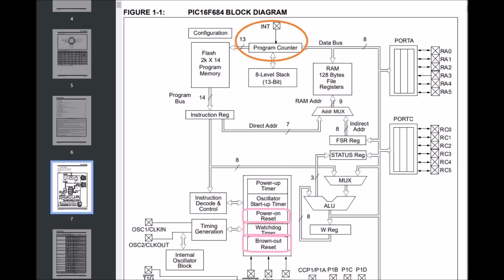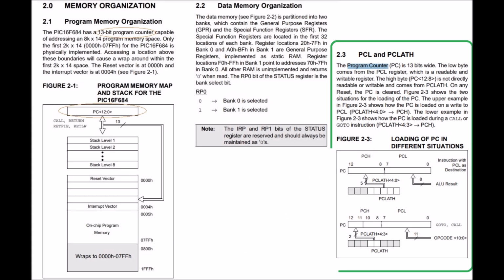In summary, the program counter in the PIC16F684 is a fundamental part of the CPU that manages the sequence of instruction execution by holding and updating the address of the next instruction. It supports program flow control through automatic incrementing, branching, jumping, and interaction with the stack for subroutine and interrupt handling.